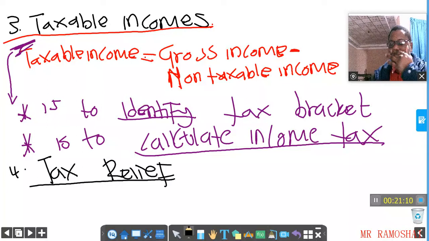Right. In class, I don't know how they calculate at SARS, but at SARS they have a lot of tax reliefs, because the concept is open for them, but ours is closed. We only focus on 2 things actually. In class, we only focus on 2 tax reliefs, right?